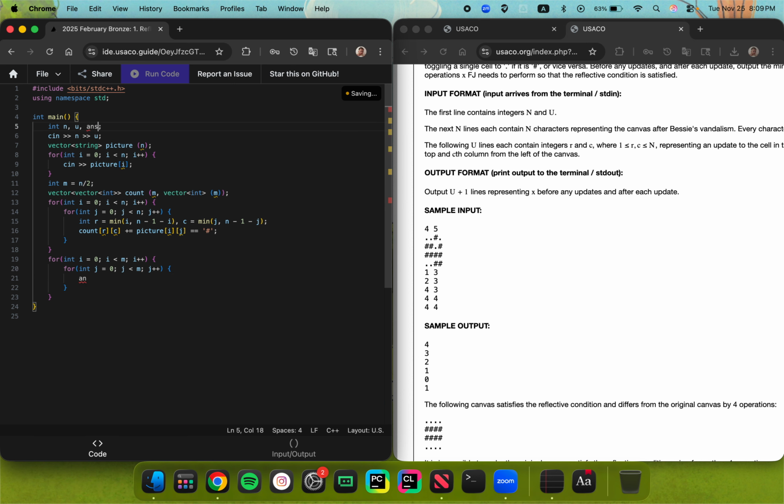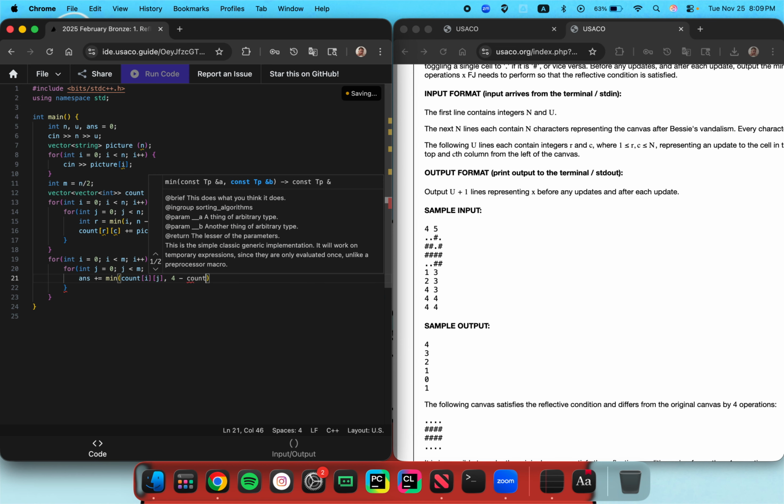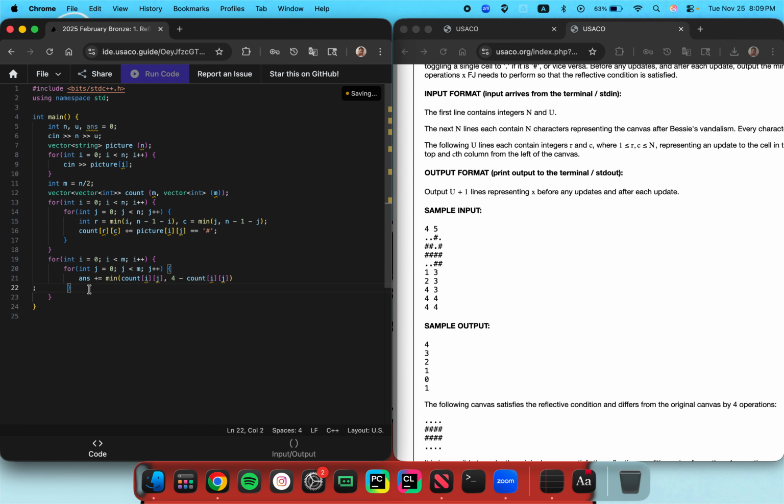Here's answer, int is equal to 0 for now, and plus equals a minimum of count i j and 4 minus count i j.